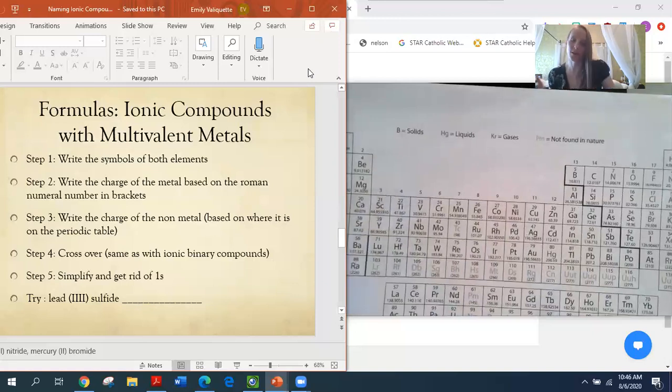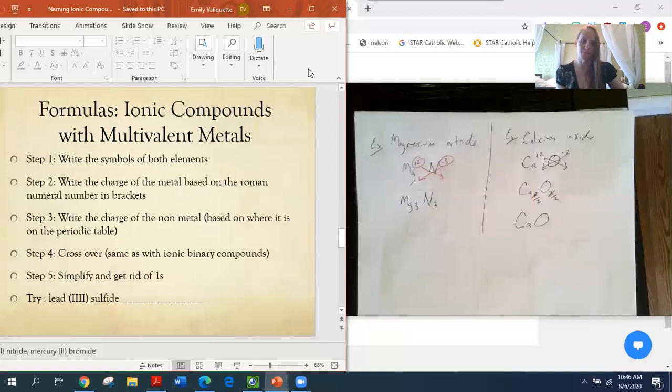Once again, if we are going to be writing the formula for multivalent metals, we just write the metal's formula and the nonmetal's formula, cross over their charges, and simplify it. The only difference is that in this case, because we don't just know the charge by where the metal is on the periodic table, the charge of the metal is actually written in Roman numerals.